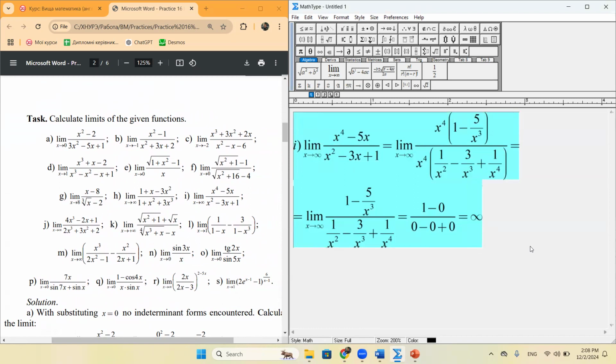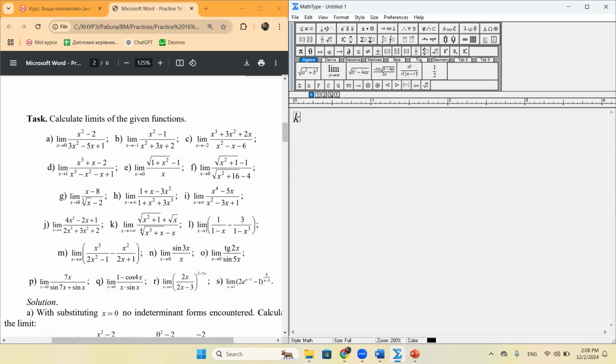And now let's move to K. It's not moving. Now better. Okay. So the limit is the following.